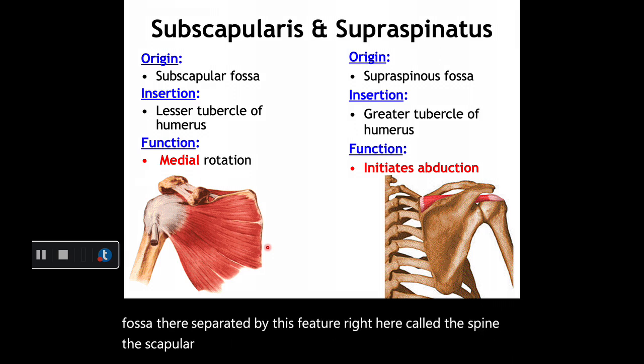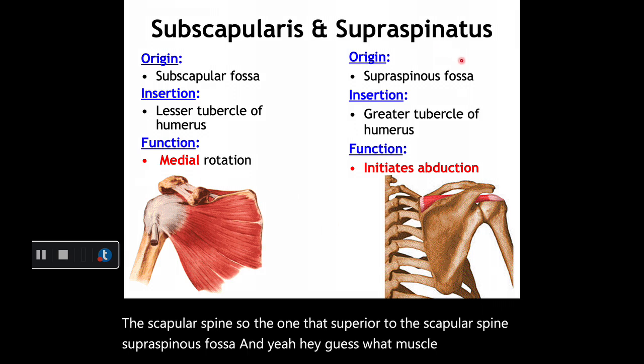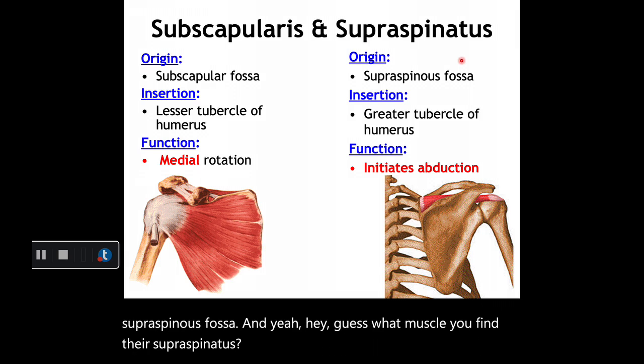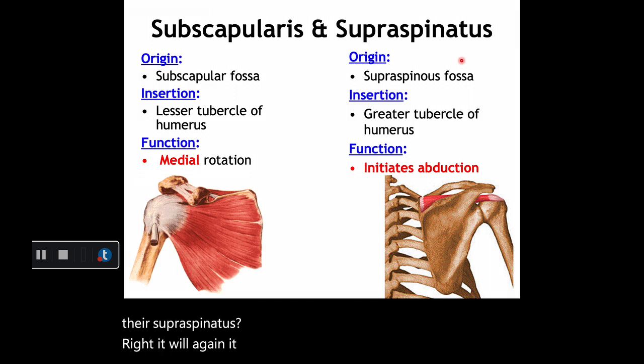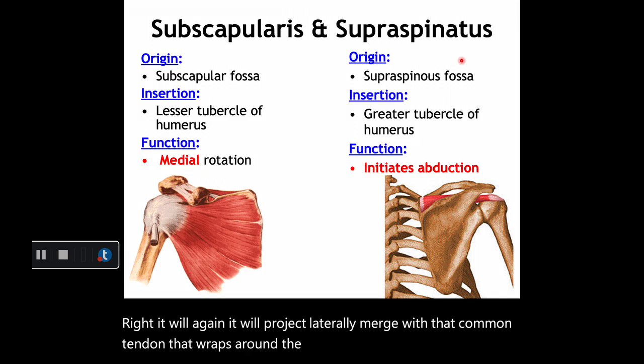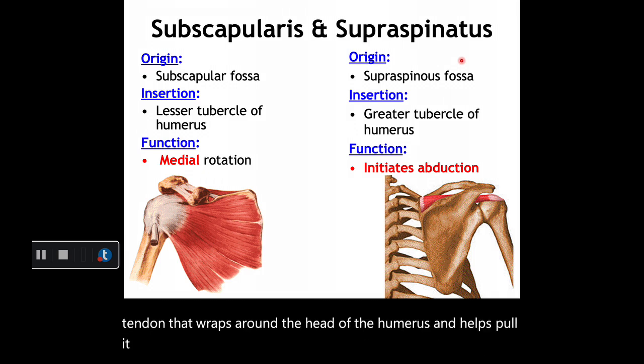So the one that's superior to the scapular spine is the supraspinous fossa. And hey, guess what muscle you find there? Supraspinatus. Right? It will project laterally, merge with that common tendon that wraps around the head of the humerus and helps pull it in, hold it against the glenoid.